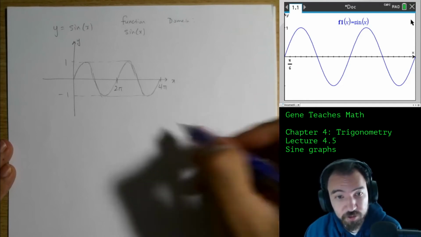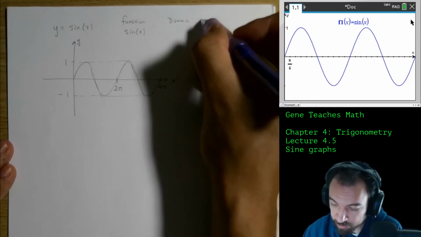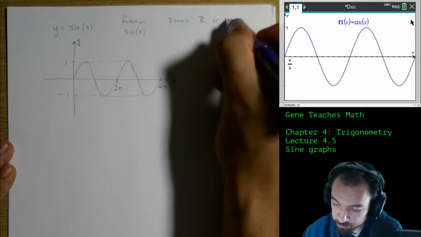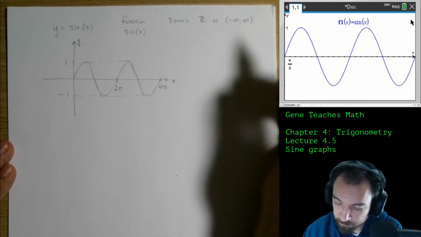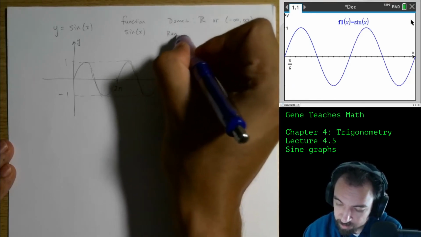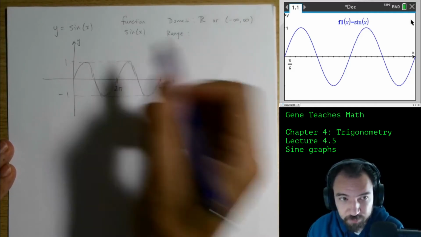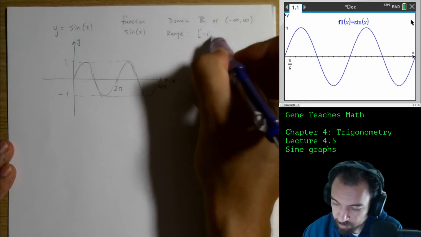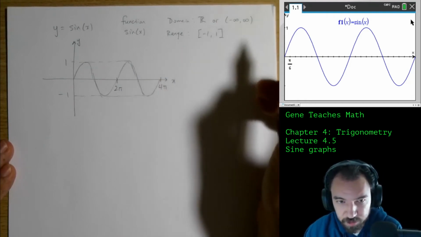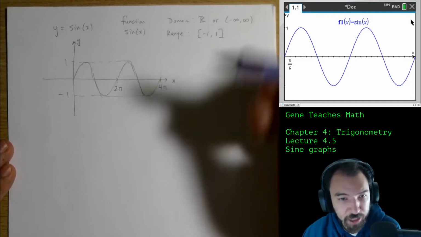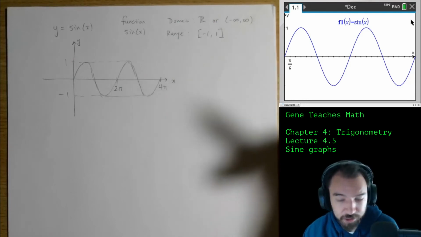Negative angles mean I'm going clockwise around the circle. So the domain is all real numbers, or in interval notation, negative infinity to positive infinity. And the range, the output values, are stuck between negative 1 and positive 1 inclusive. Because in the unit circle, the lowest you can go is negative 1, the highest you can go is positive 1, because you can only go 1 in any direction.